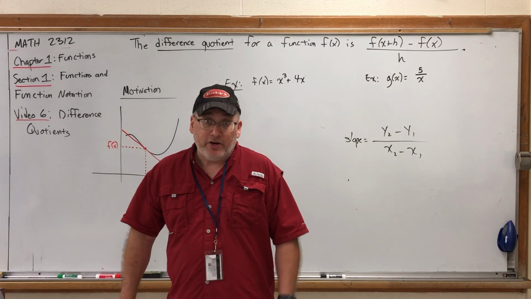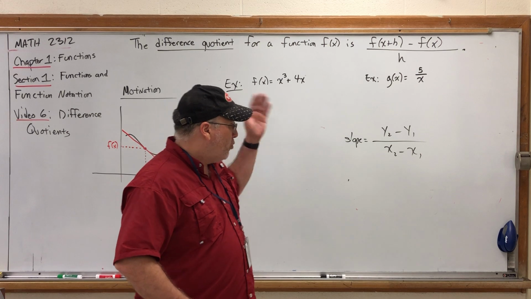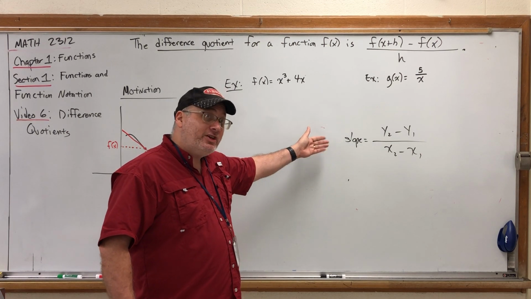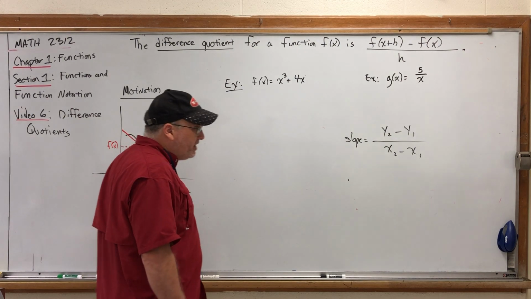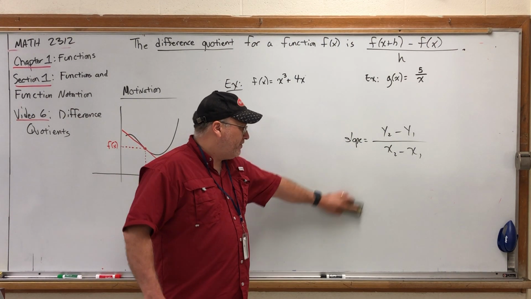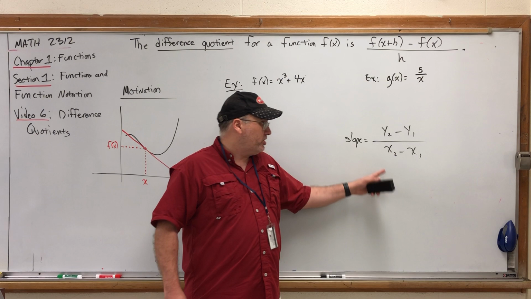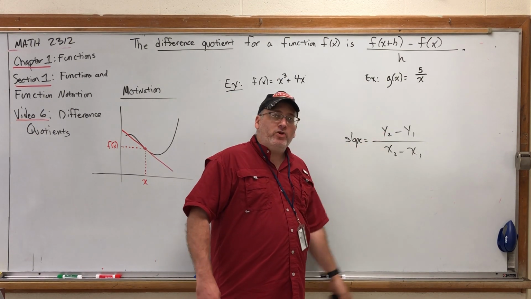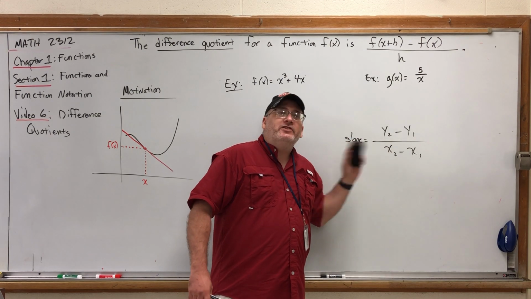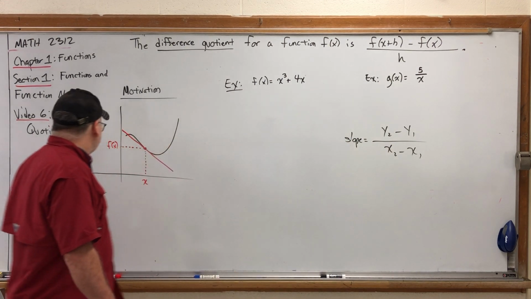When we review linear functions in greater detail, we'll formally reintroduce how to calculate the slope of a line. But for now, in order to motivate the existence of a difference quotient, I want to remind you how to find the slope of a line: the difference in the y-coordinates over the difference in the x-coordinates.